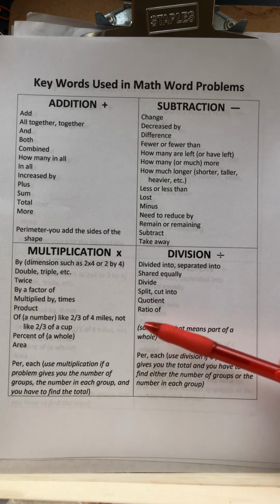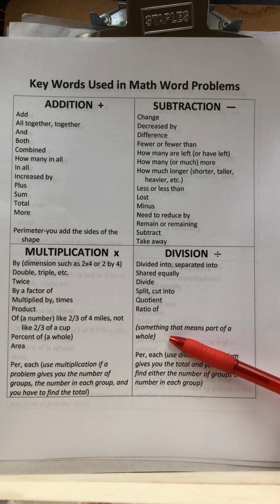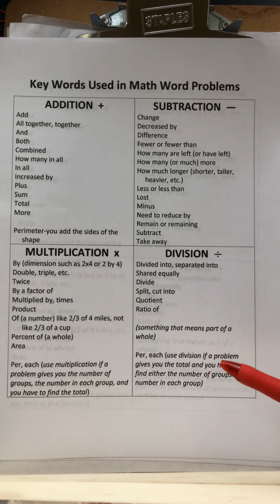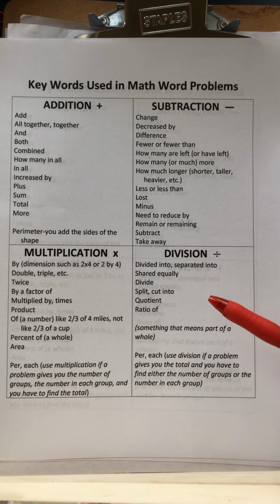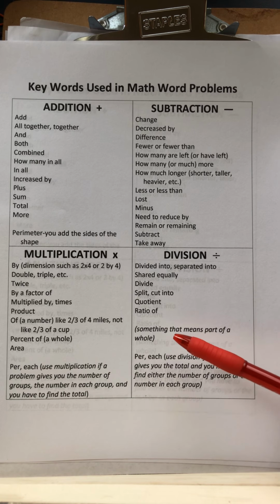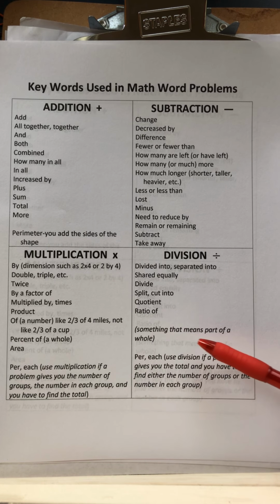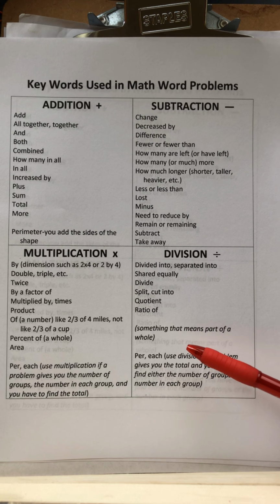All of those are going to signal division. Like a ratio of is something that means a part of a whole. Like if you think about a fraction, 3/4 is a ratio, 3 to 4. It's also 3 parts of a whole. So those are going to talk about division.